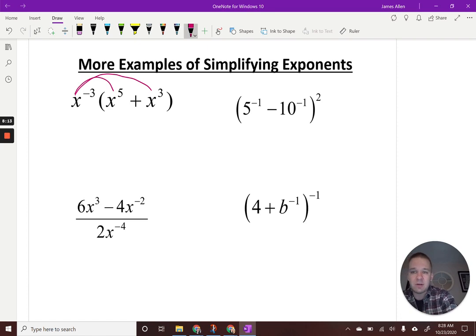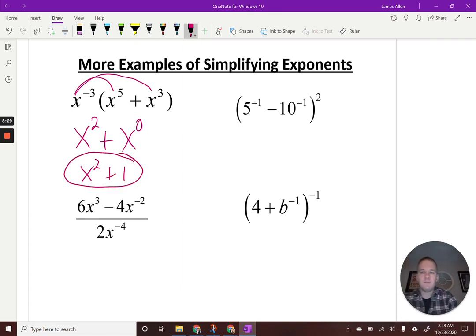So x to the -3rd times x to the 5th, I would add my exponents because they're like bases, and I'd get x squared. And then I'd have -3 plus 3 is x to the 0. And what did we say about anything to the 0 power? It is 1. There we go. Nice and simplified. So when we're simplifying, we mean no negative exponents and then reduce if possible. Okay?